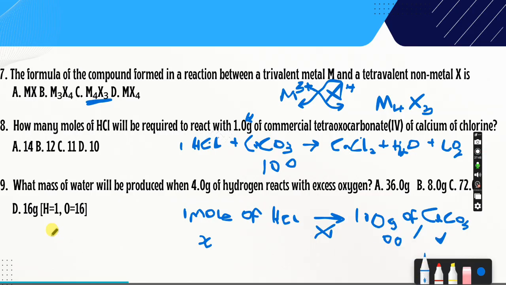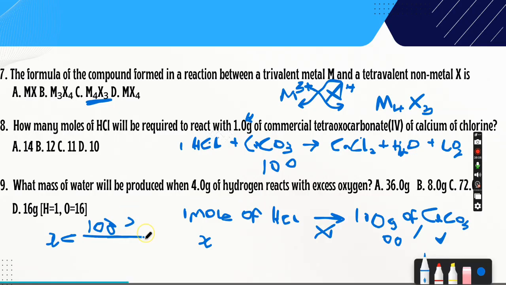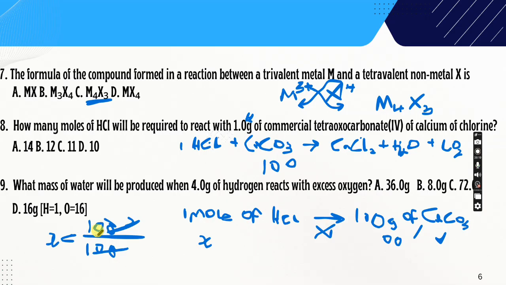So we are going to have our X to be 1000 divided by 100, because 1000 times 1 is still 1000. So the answer will be 10 mole of HCl.